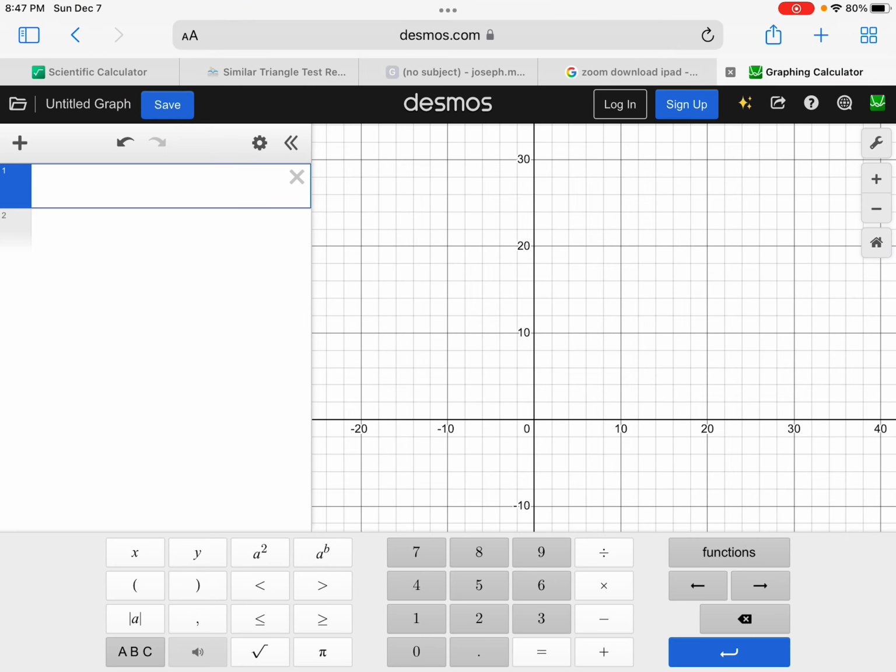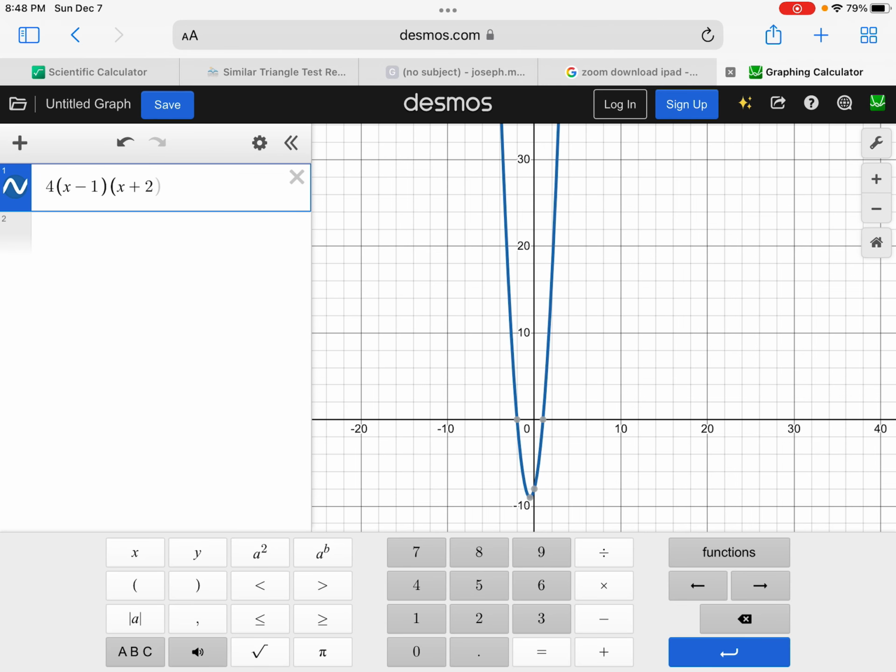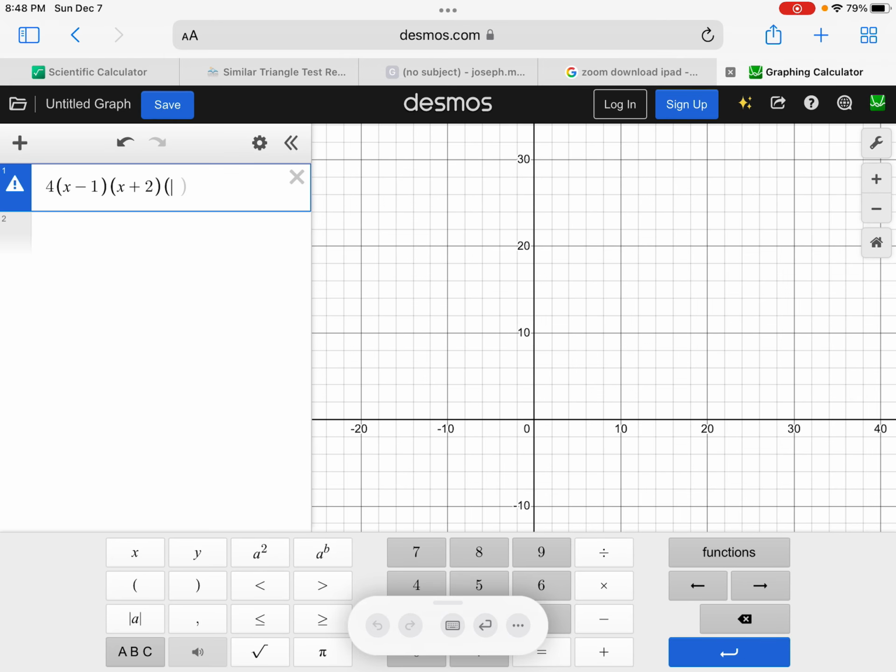So in Desmos, we have 4, parentheses, x minus 1. Then we've got x plus 2. And then x plus 3. And then we've got x minus 6.